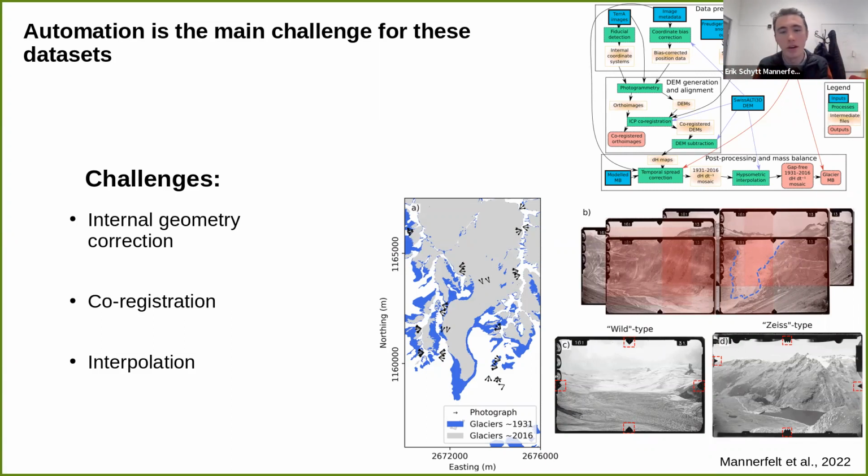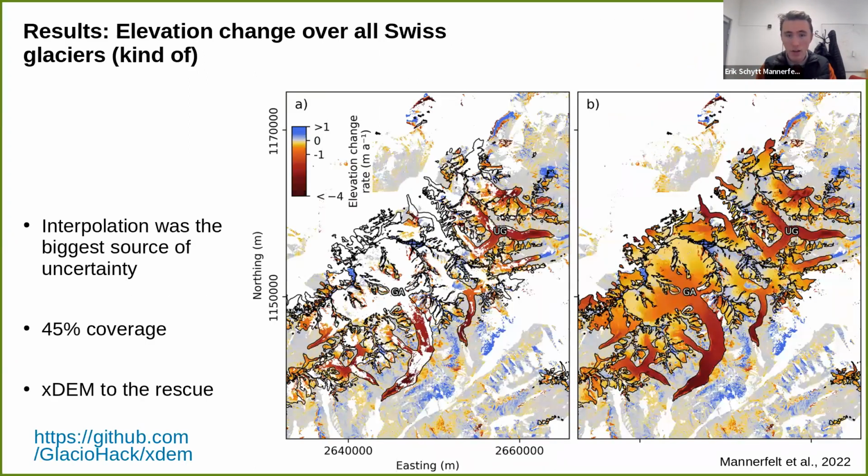So they are kind of different, but still similar to a degree. Yeah, some challenges were that this internal geometry had to be corrected, the results had to be co-registered, and then interpolation was a big challenge. So interpolation contributed to the biggest source of uncertainty.